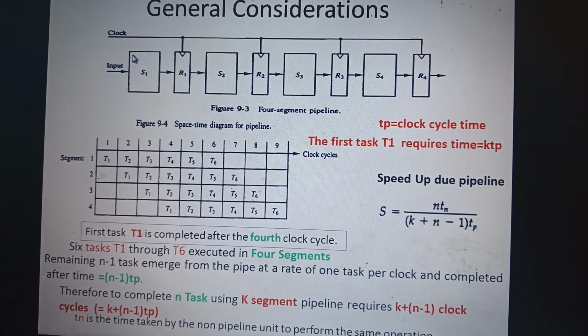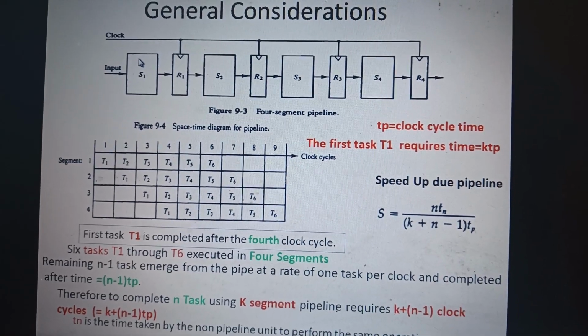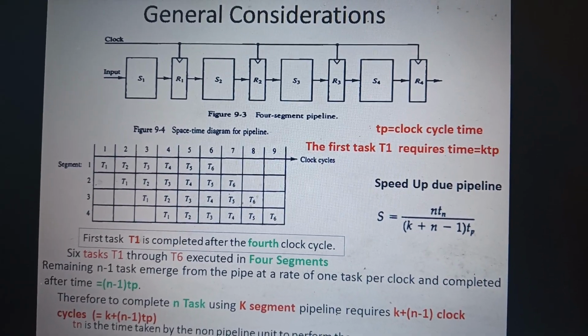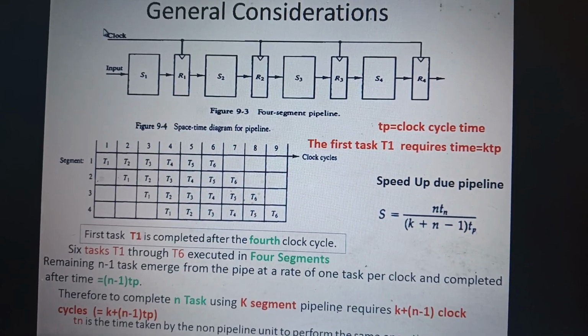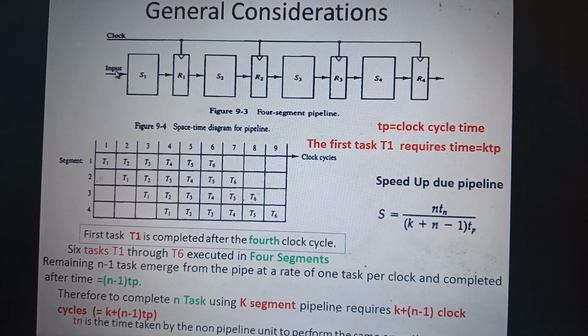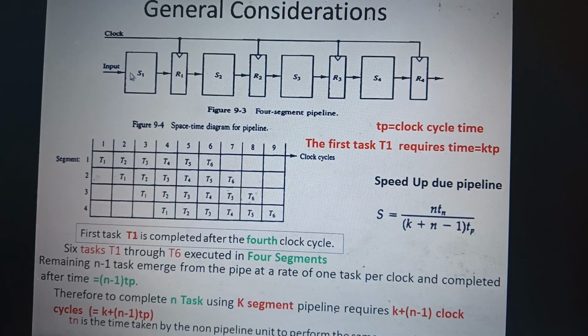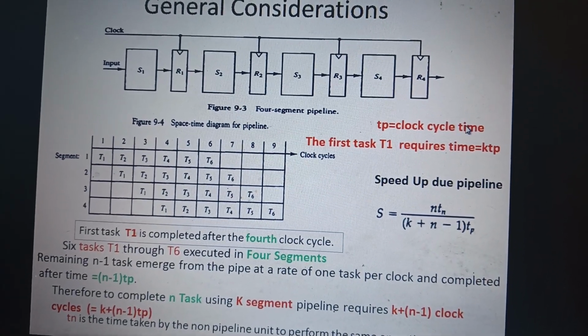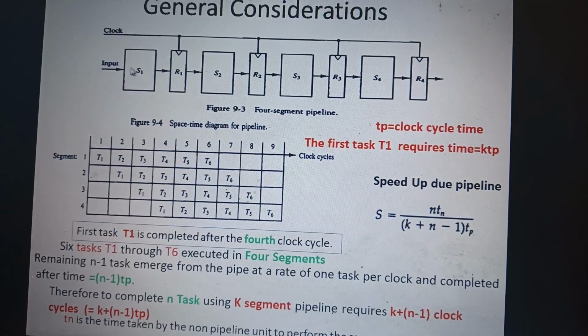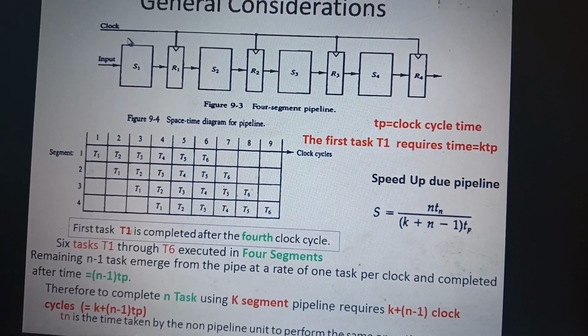Now what is the time period between the 2 clock pulses? That is, what is the total time period of one clock pulse, that is called TP, clock cycle time, the total time of the 1 clock cycle.